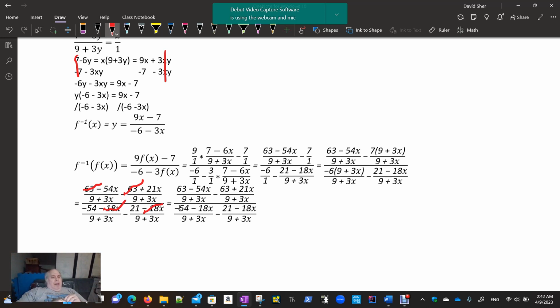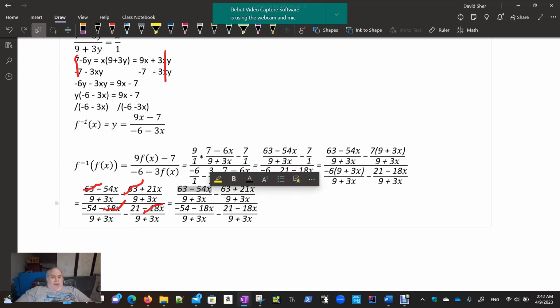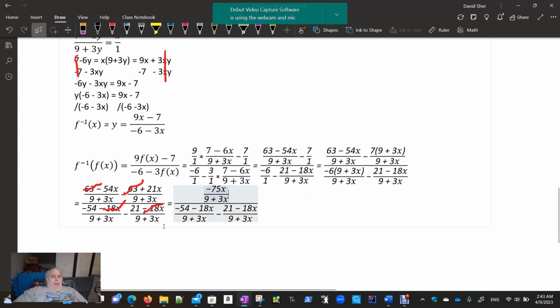And so what we're going to have is on the top we have negative 54x minus 21x, which is going to turn into negative 75x. This whole thing is going to turn into negative 75x on the top. And on the bottom, the 18s will cancel.